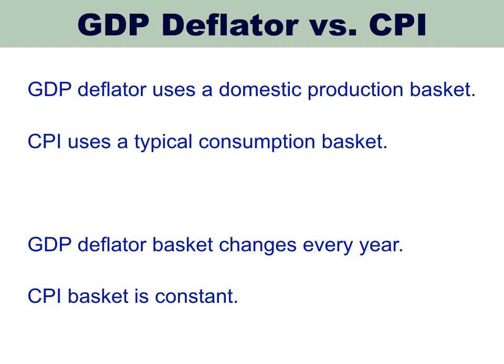The second difference is that the GDP deflator changes every year. So that basket is always the current year. This is why we've got to do extra calculations. Whereas the CPI basket is the same year after year, which is why the calculation is so much easier or has fewer steps. So, in short, the second difference is changing versus constant.